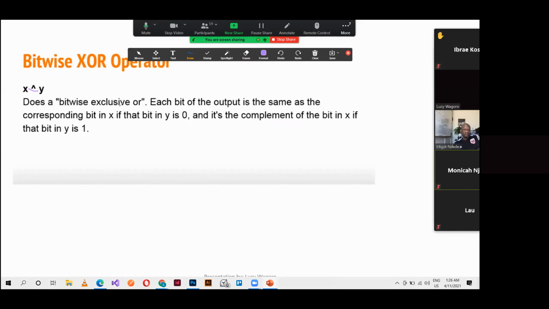This one is better read when we have already drawn our truth table so that we understand it. So we have X, we have Y, and then we have X exclusive or Y. That's how we read it.